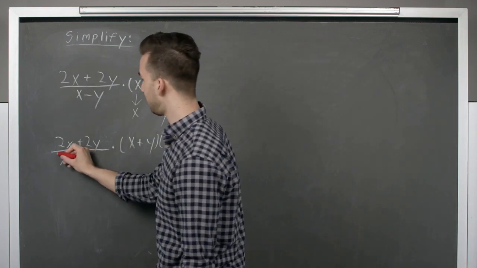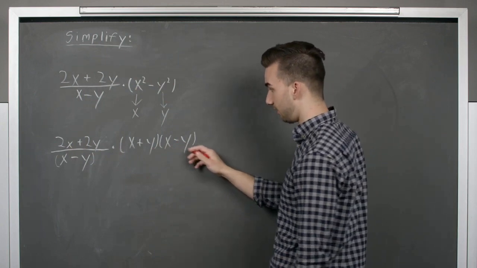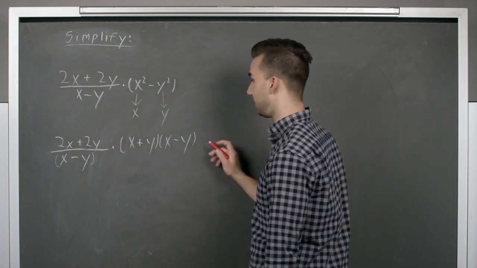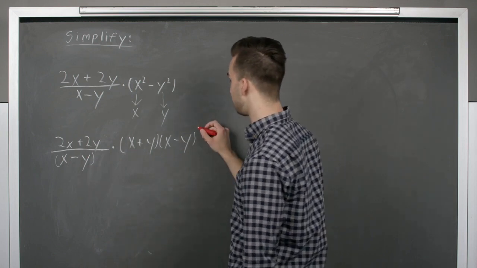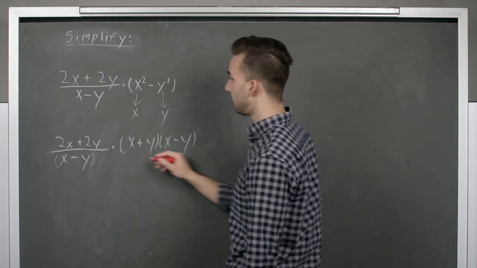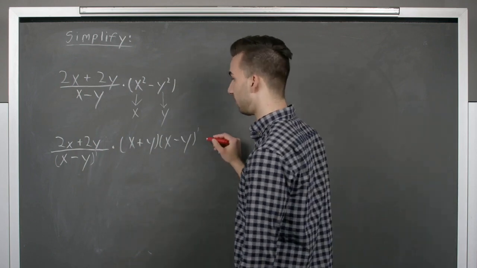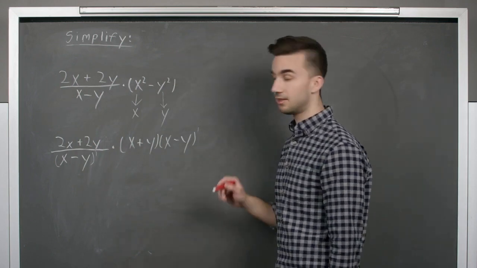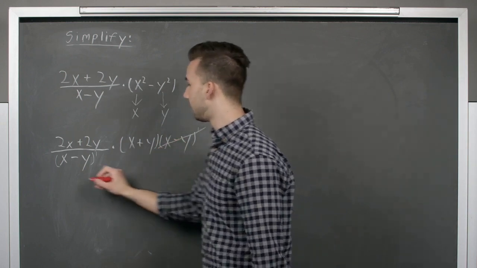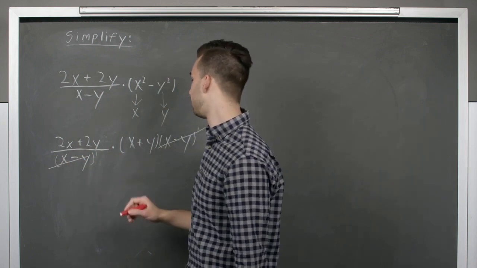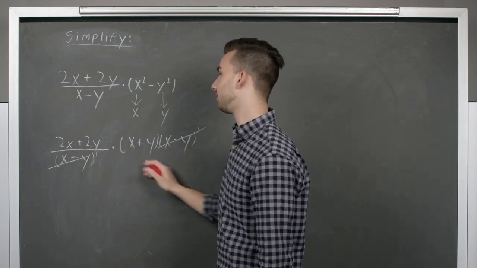This might be hard to see, but you have an x minus y on the top and then an x minus y on the bottom. So if you were to combine the variables, that would give you 1 minus 1, which is equal to 0, and anything to the power of 0 is 1. So we can actually just cross the x minus y's out. And that leaves us just with the top of the fraction.